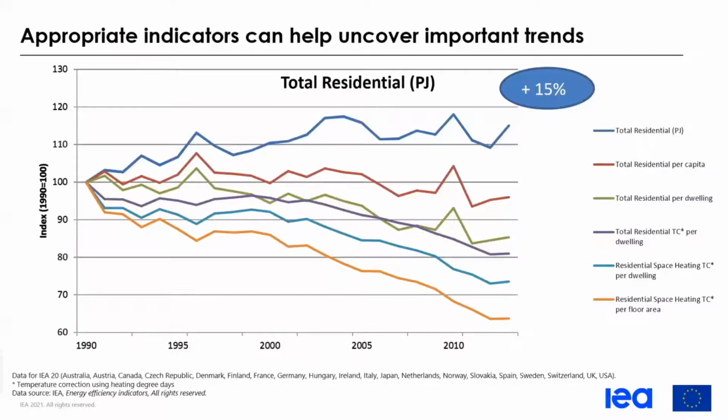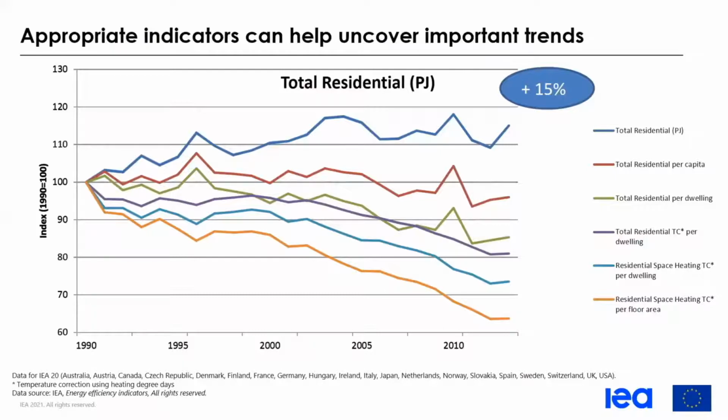The residential per capita indicator did not show any change even with the big efficiency improvements in some end uses, probably because of the increased use of new appliances, such as smartphones, computers, tablets.